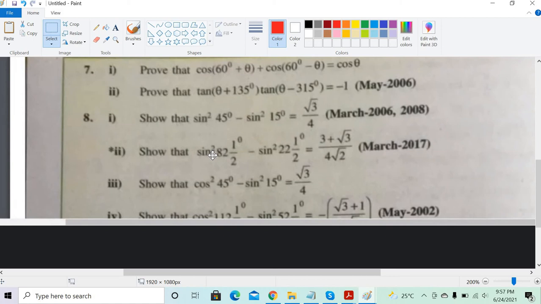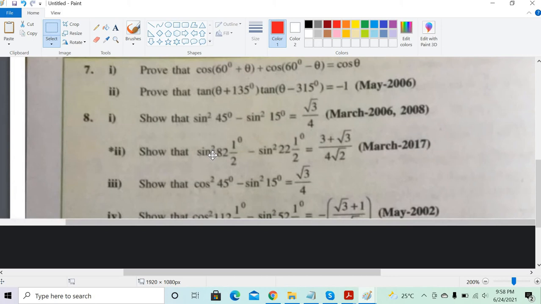And cos A plus B into cos A minus B. Actually, that's a sin C plus D or cos C plus D formula only. That's fine. As and when it comes, I'll tell you.